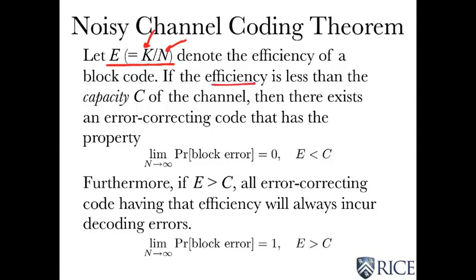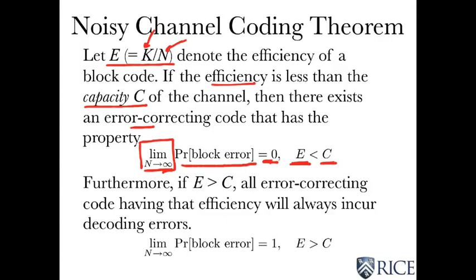If that efficiency is less than the capacity, C, of a channel, then there is an error correcting code such that, as the length of the code word goes to infinity, the probability that decoding will incur an error is 0. In other words, you can get the data through without error, so long as the efficiency of the code is less than the capacity. And I'll show you on the next slide what the capacity is.